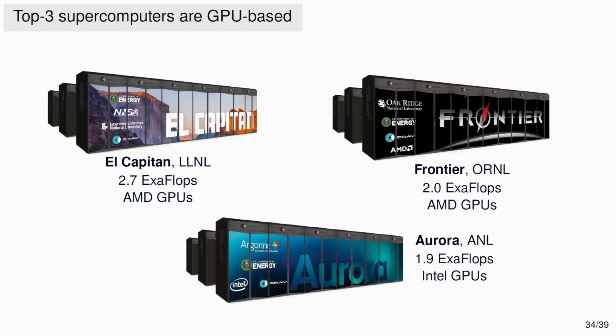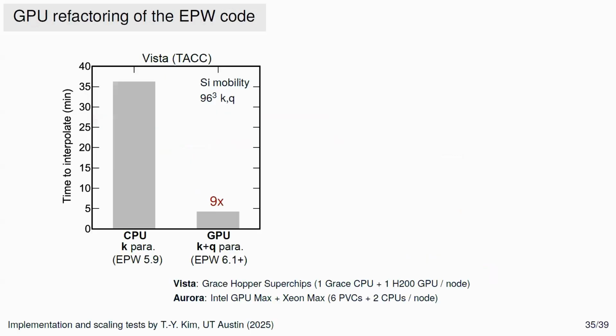And in fact, if you look at the top 10 supercomputers in the world, the number 1, 2, and 3 are 3 US computers, which are El Capitan, Lawrence Livermore Lab, Frontier, Oak Ridge, and Aurora at Argonne. And all of these 3 are essentially GPU-based supercomputers. So to use those and to please our DOE sponsors, we must be able to use the code on these machines. And this requires, again, a heavy refactor in all the software code base.